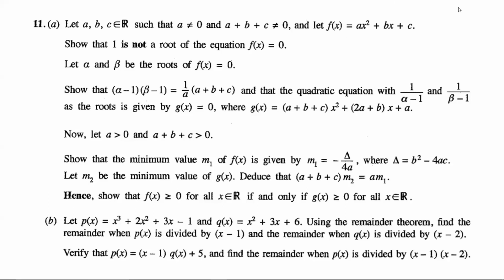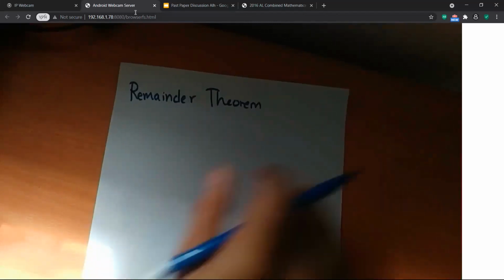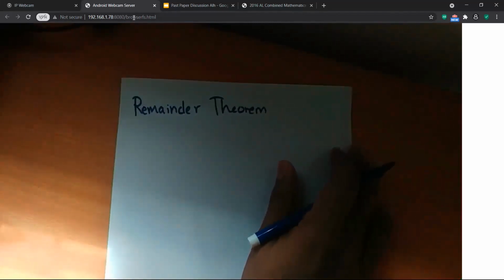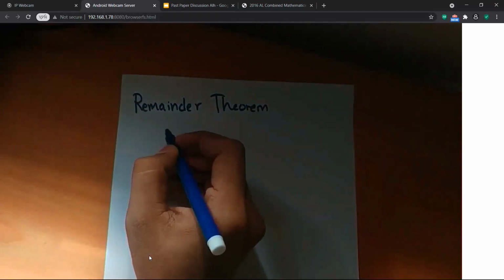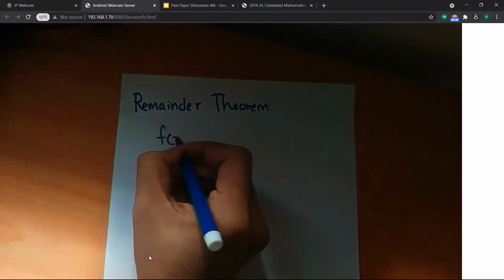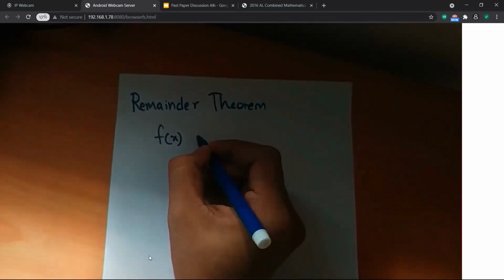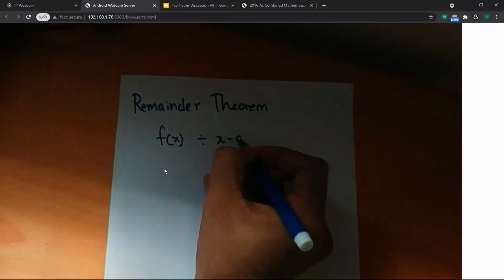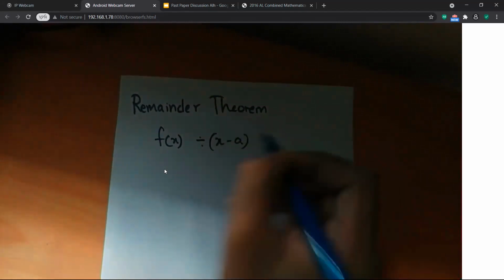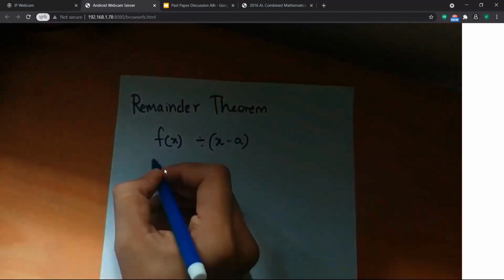I can't see my screen. So you can see, is this clear for you? I'll be doing it on this for today. It's clear. So what does the remainder theorem say? If you have an equation Fx and you divide this whole thing by x minus a, the remainder is f a, right?